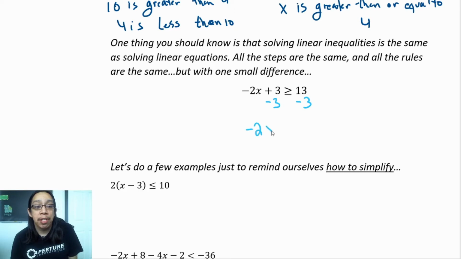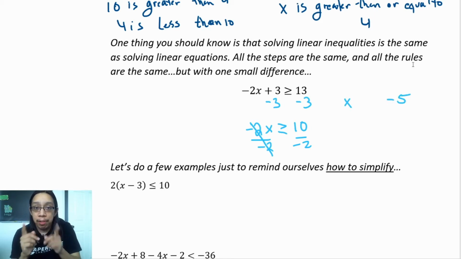We would have negative 2x is greater than or equal to 10, and then you would still divide both sides by negative 2. All of the techniques that we know about linear equations apply here. After we divide by negative 2, you're going to get an answer of negative 5.